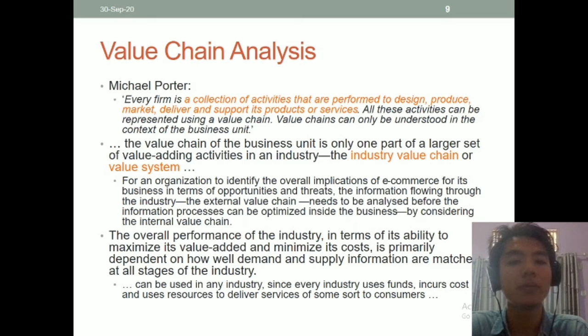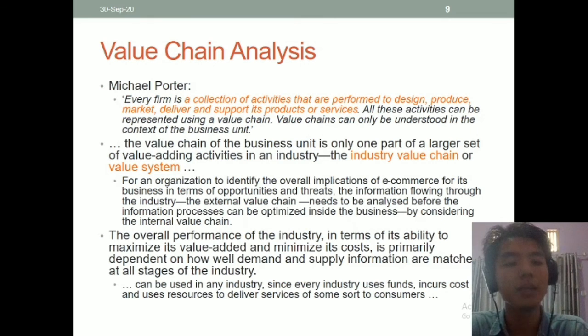The overall performance of the industry in terms of its ability to maximize its value added and minimize its costs is primarily dependent on how well demand and supply information are matched at all stages of the industry.